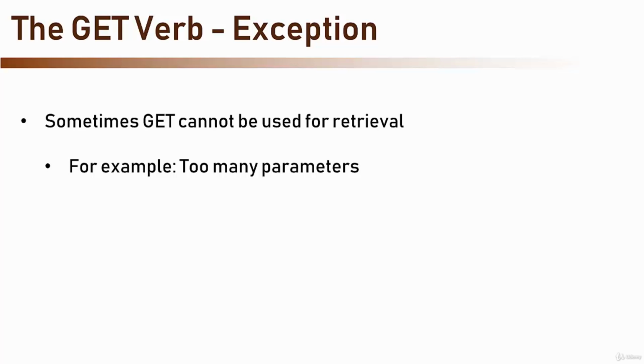So what should I do in this case? Well, in this case, we can use the POST verb, which we will talk about in a minute. It's true that POST is not targeted towards retrieval actions, but in this specific case, we don't have any other choice. So when dealing with a long list of parameters which can't be sent using GET, then use POST.